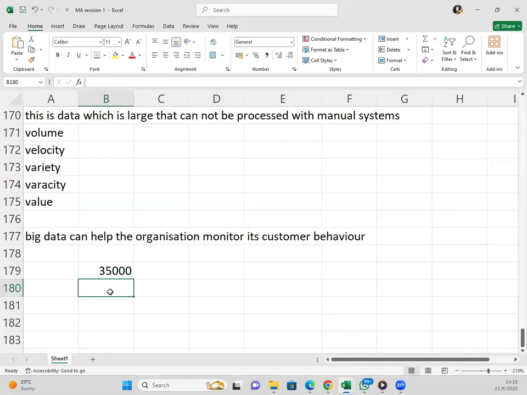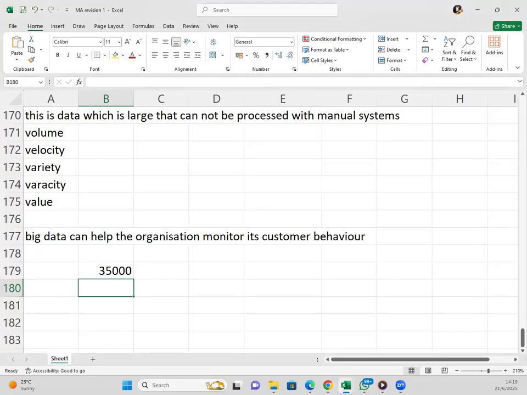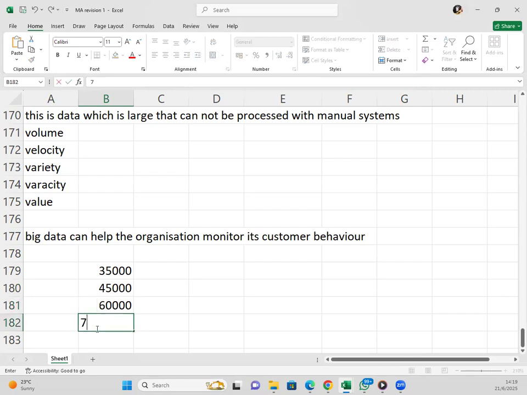What is the next one? 35, 45, 60. Then what? 75.